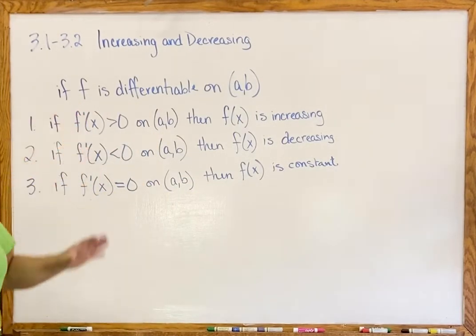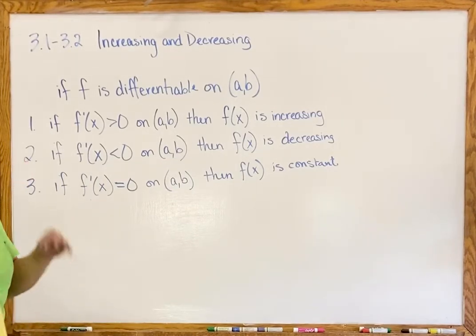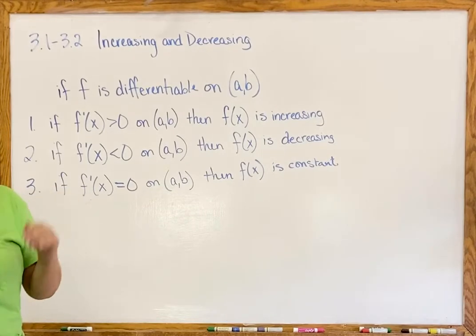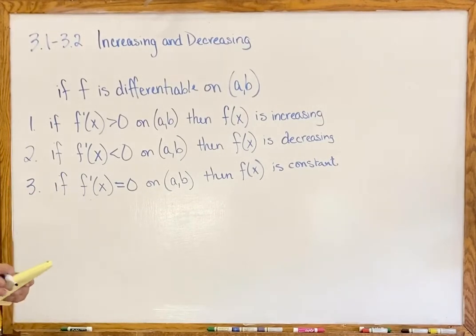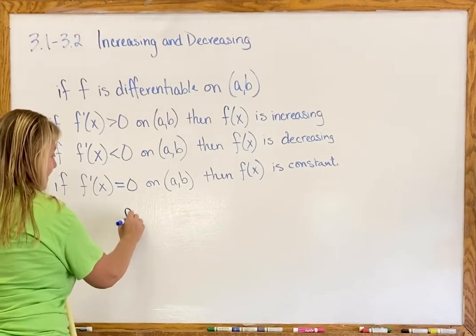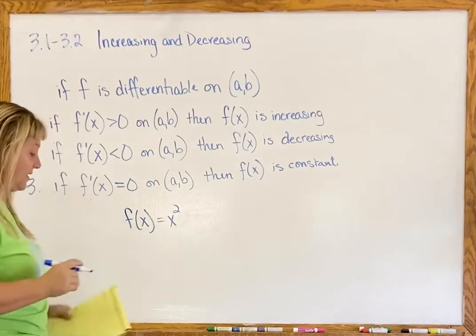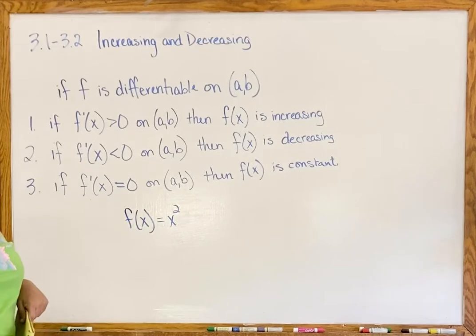So basically, the derivative is going to tell us what's going on, whether we have an increasing function or a decreasing function, and where it's happening. As a very small example, let's use our very basic f of x equals x squared. The nice thing about this one is that we know what the answer should look like before we even start.